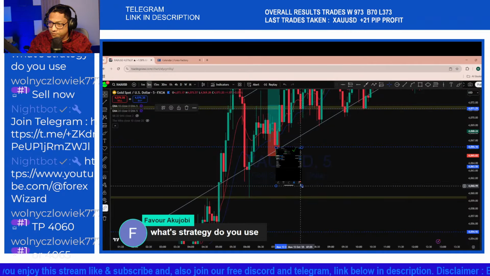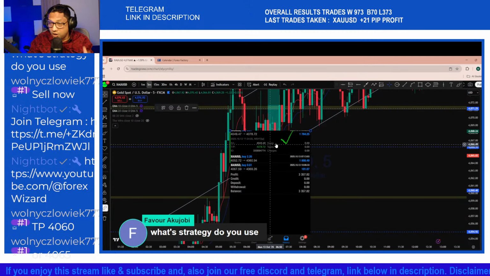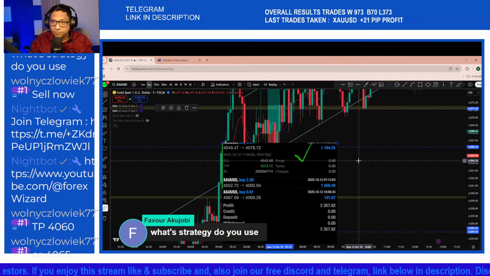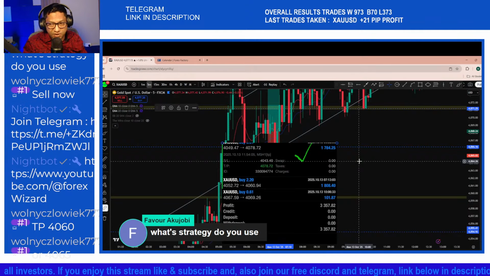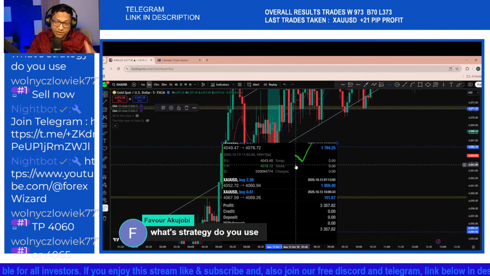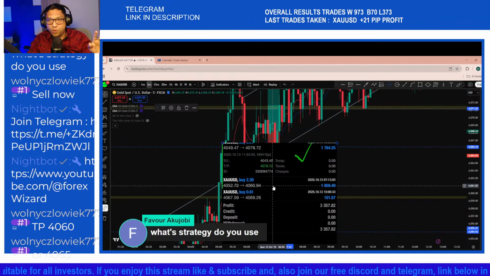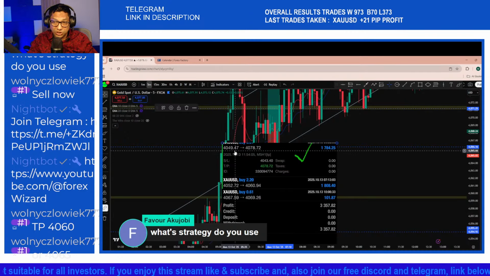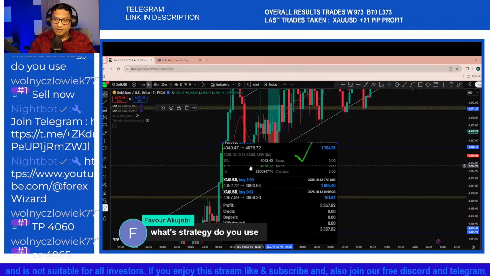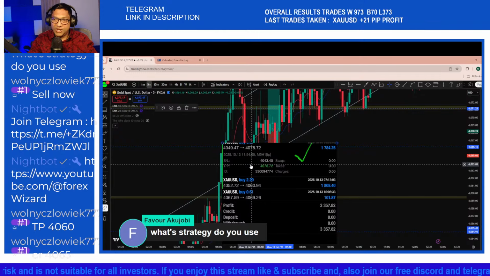If you look here, this is one of the trades that we opened quite a few hours earlier today. This is based on the 5 minutes and 1 hour time frames, a multiple time frame entry at 4049.47. This was opened during the Asian session. The market bounced off the level exactly.